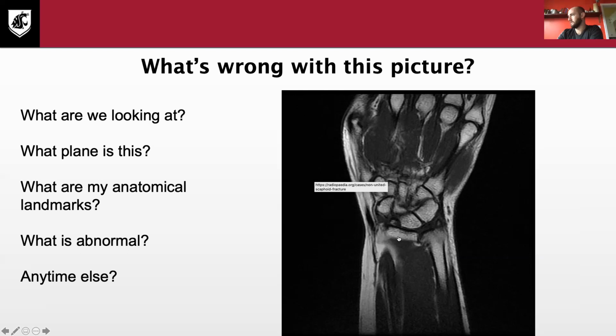We've got ulna and radius. So this is likely the right hand. If I put myself into anatomical orientation where I'm supinated, the ulna's on the inside, it'll be much larger. The radius rotates with the thumb.